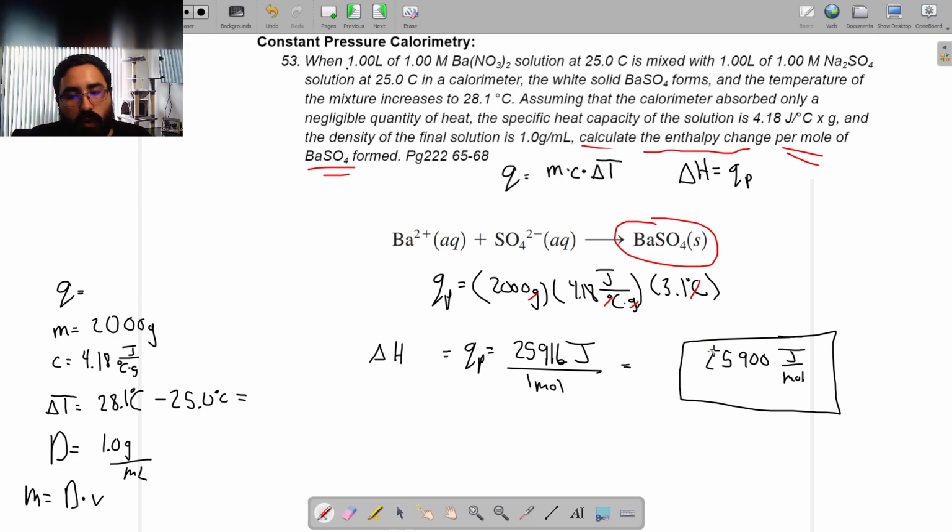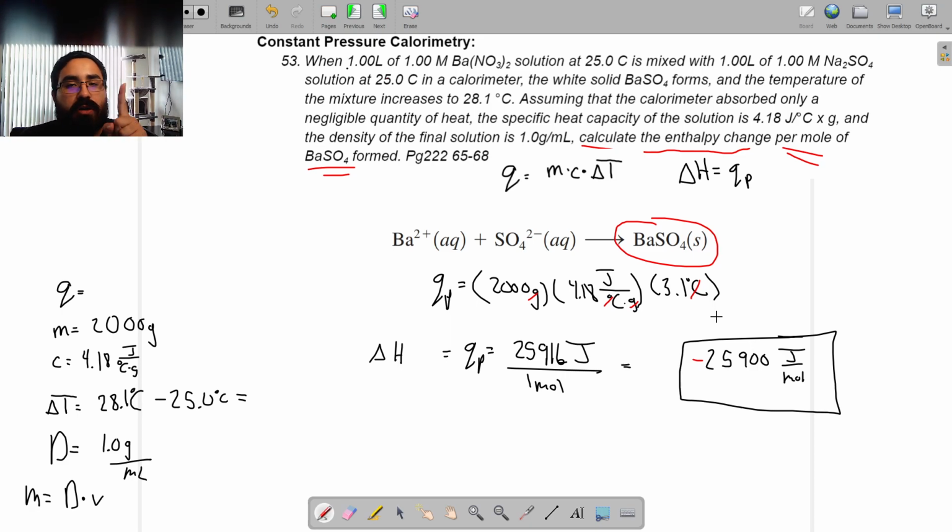So you should always rely more on your logic and your understanding of what's happening to determine your positives and your negatives. Because remember, it's not that it means more or that it means less. What it really means is the direction of the flow of heat. Is this heat flowing away, or is it flowing into?